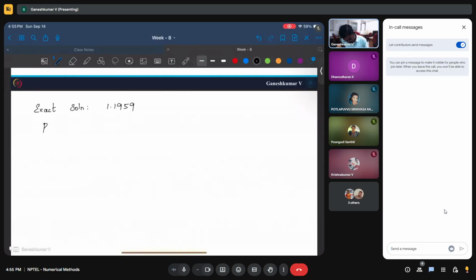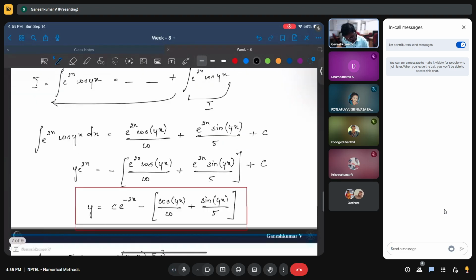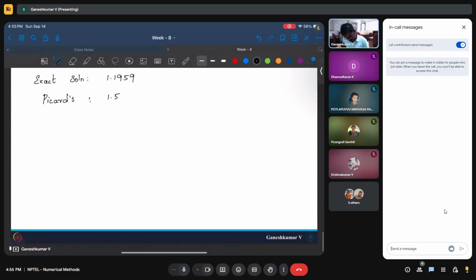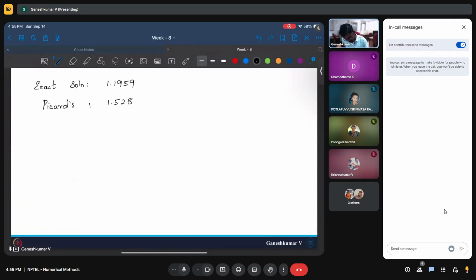Okay, but Picard's method gave you 1.5, what was it, 528, with the step size of 0.4.